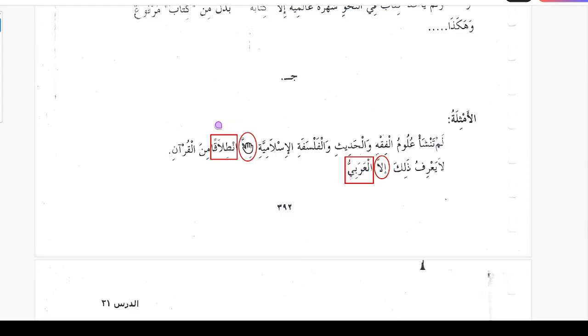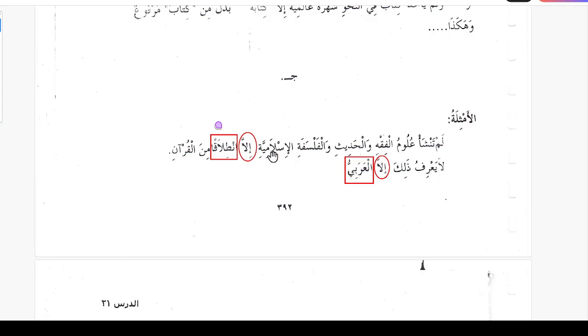So if we remove illa and we remove lam, because this is negative and this is negative, this will mean that the sciences of fiqh, hadith and falsafa, Islamic philosophy, they have come out from Quran, or the literal meaning is they did not come out except from Quran.